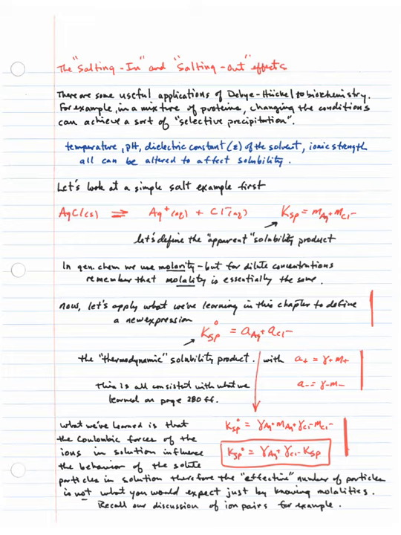What we've learned is that coulombic forces of the ions in solution influence the behavior of solute molecules in solution. Therefore, the effective number of particles is not what you would expect just by knowing the molalities. Recall our discussion of ion pairs, for example.